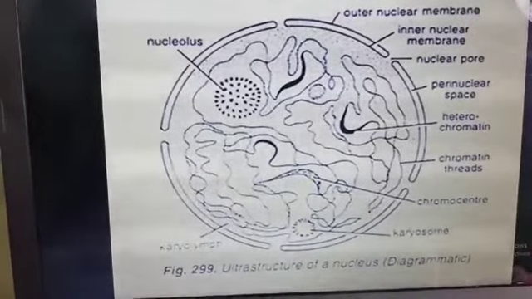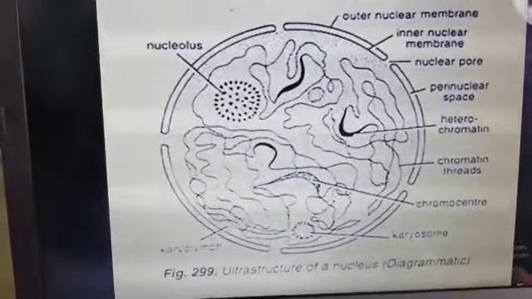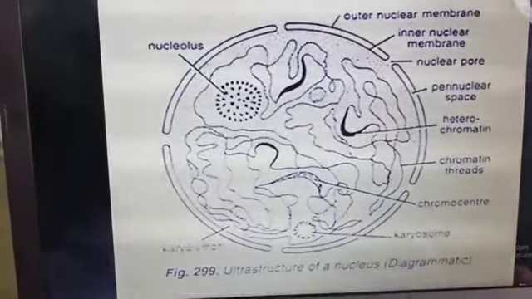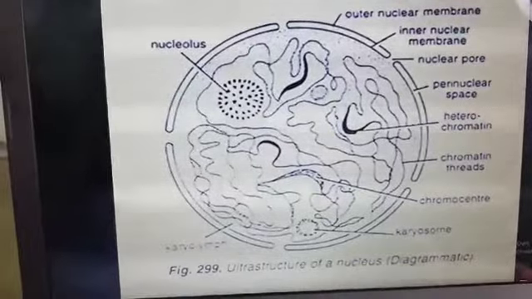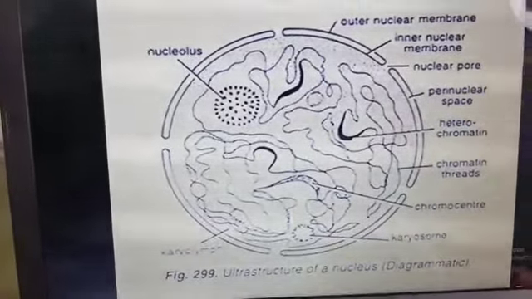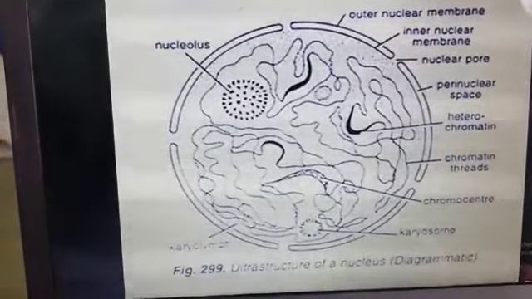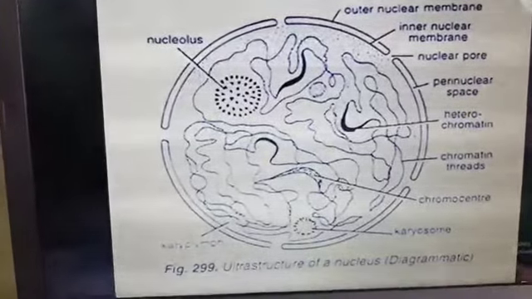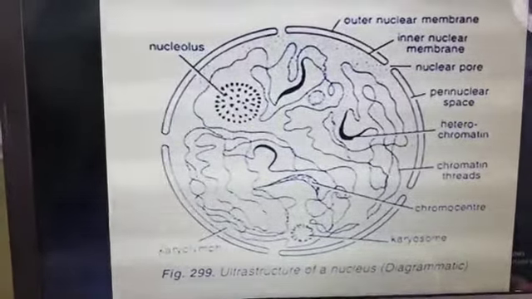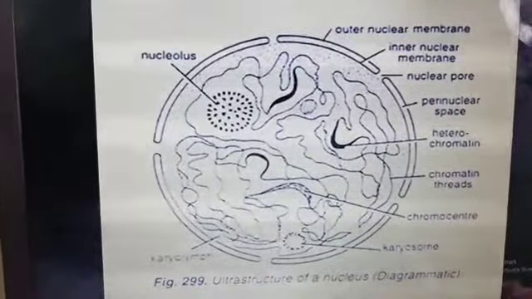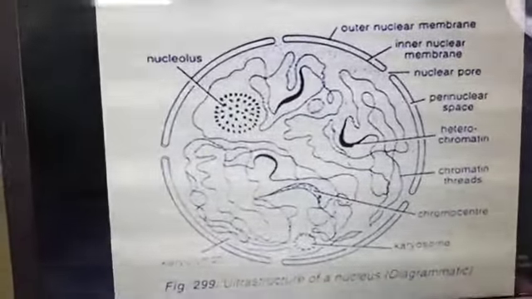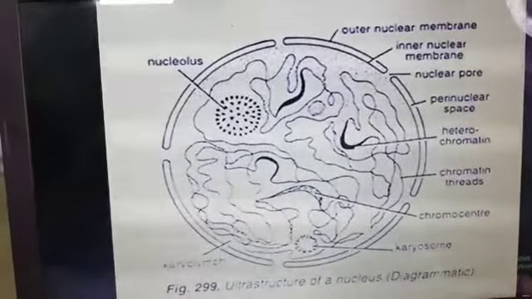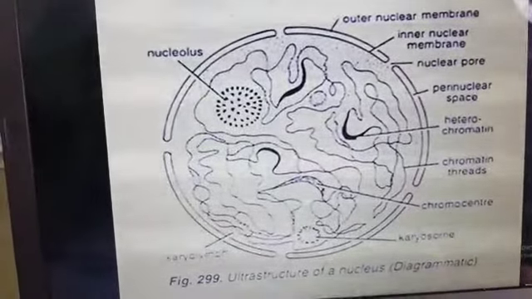The chromosome carries the hereditary unit, which is known as the gene, which transfers the characteristics from the parents to the offspring. The nucleolus is also a dense part of the nucleus, and it is known as the site of protein synthesis. And there are some chromatin threads also present, and these chromatin threads are converted into the chromosome.